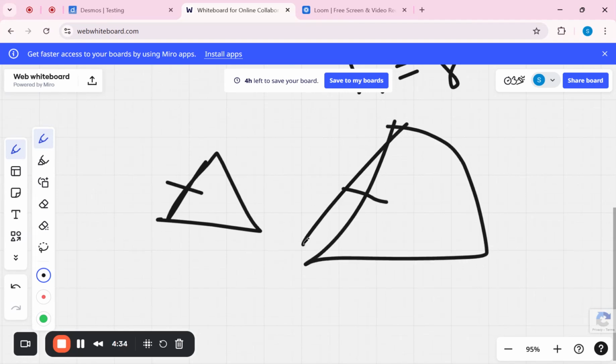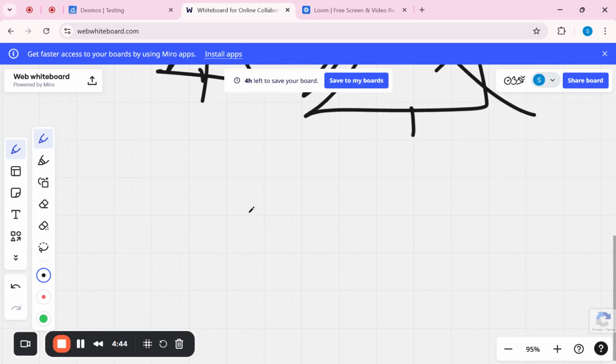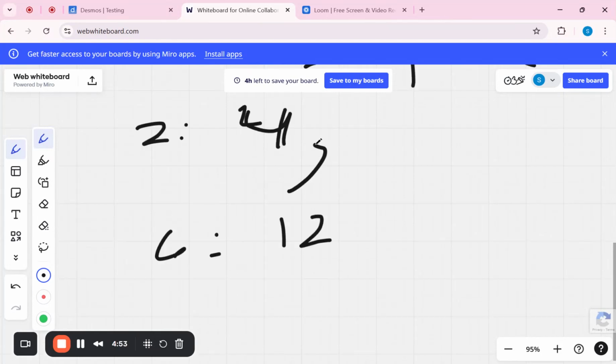Only this one is larger because it is multiplied by a factor, and every side of that particular diagram will be multiplied with the same factor. For example, 2 ratio 4, if I multiply both with 3, it would be 6 ratio 12. But in the end, it is the same. I hope it makes sense.